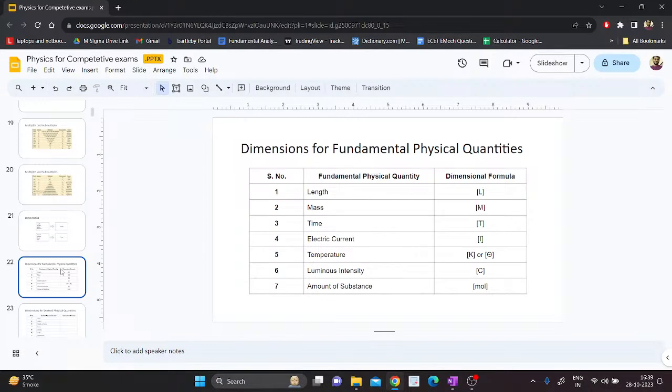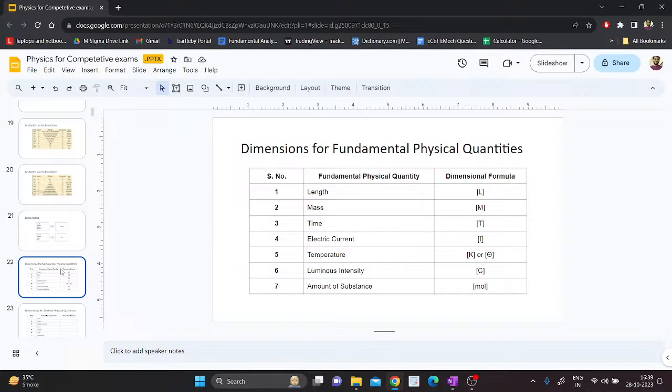For fundamental physical quantities we already know that we cannot go beyond separating them. So if you take length, mass, time and so on, they are given like this.